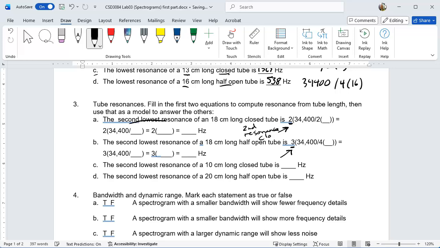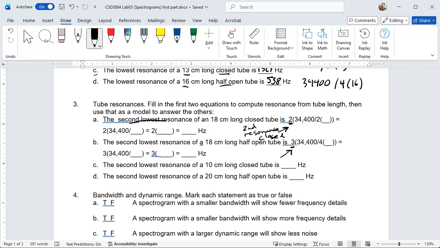If you're dealing with a closed tube, we start with our lowest resonance, and then every multiple of that lowest resonance is going to echo well in that tube, is going to create a standing wave as well. So we'd get a whole bunch of different frequencies that would potentially create standing waves and resonate well in that tube.